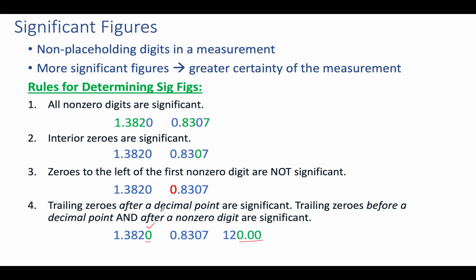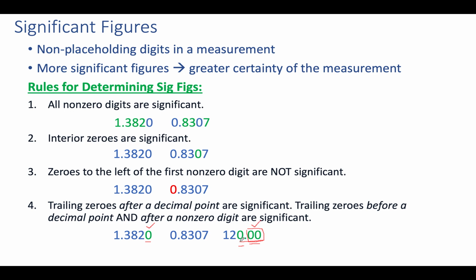We have zeros after the decimal point, so that's these 2. And then we have a trailing 0 before the decimal point that is after a non-zero digit. So let's look at the ones after the decimal point first. Because these 2 zeros here come after the decimal point, we know that these are significant.